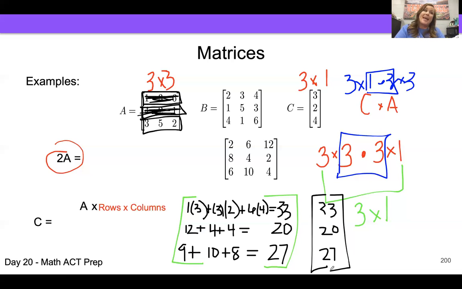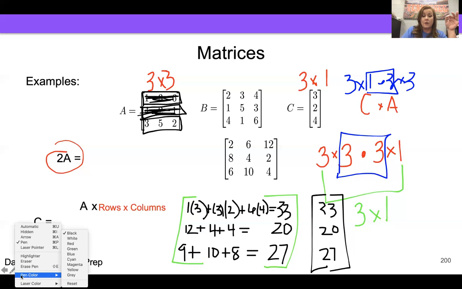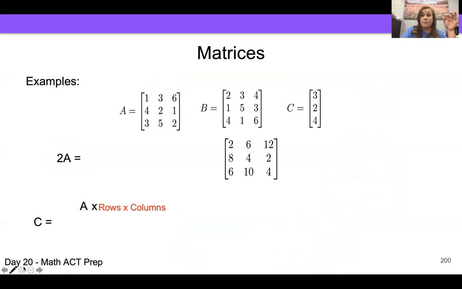And again, that's a lot to memorize. If I haven't done math in a while, I forget it. But you can literally take a TI-84 and say, okay, matrix A is a 3 by 3. The numbers are 1, 3, 6, 4, 2, 1, 3, 5, 2. Saves it. Matrix B is 3 by 3.